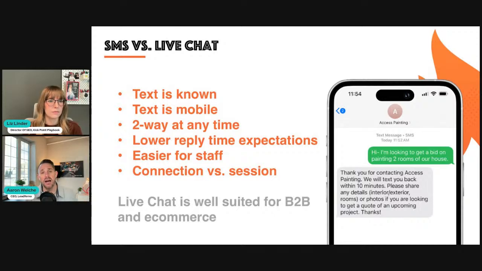We also did research and we found that the expectations are far lower for reply times. To be satisfied, what we saw is over 50% of people on live chat need a reply within seconds to minutes, right? They expect it to be almost instant. If they start a text conversation with you, over 50% expected a same day reply.